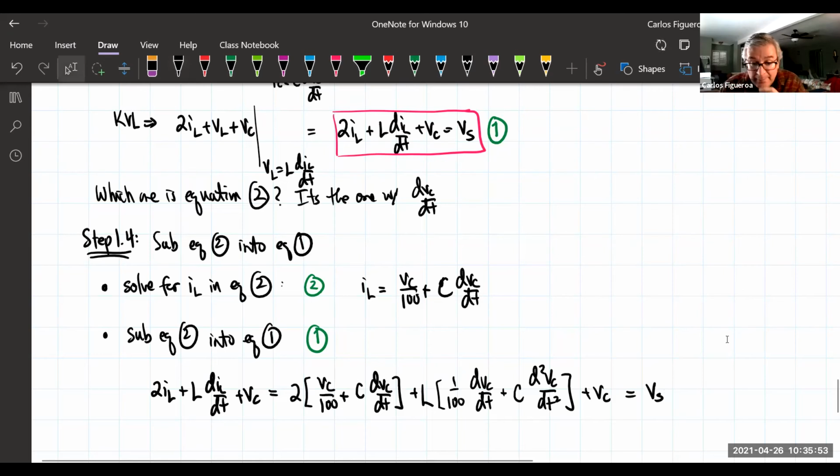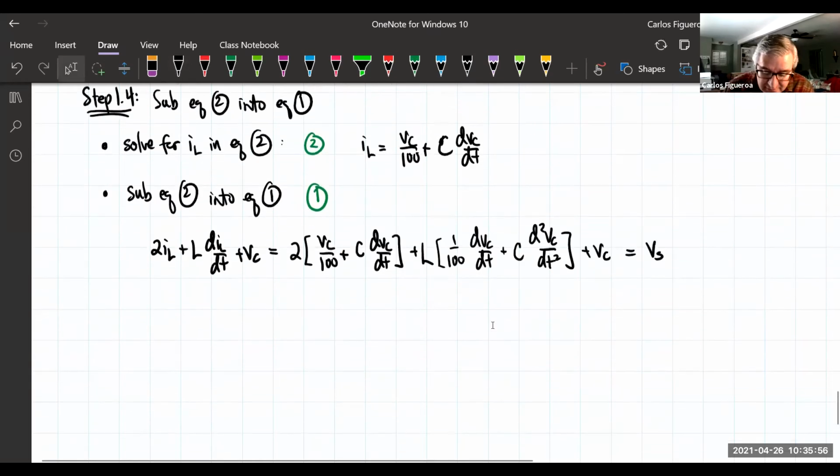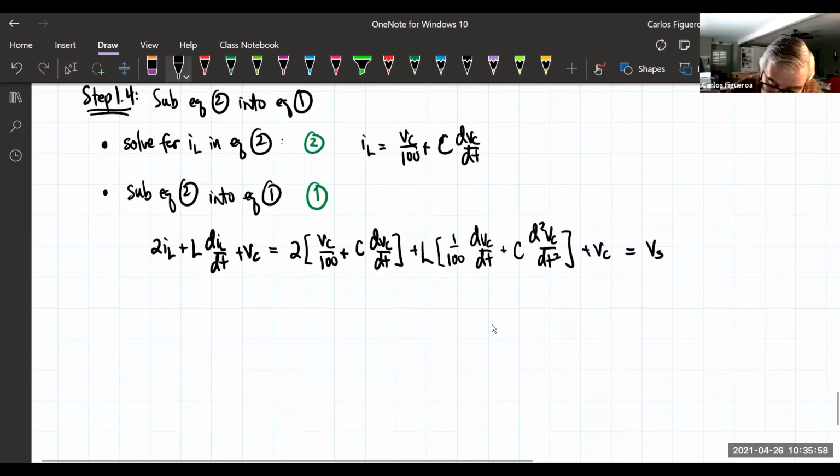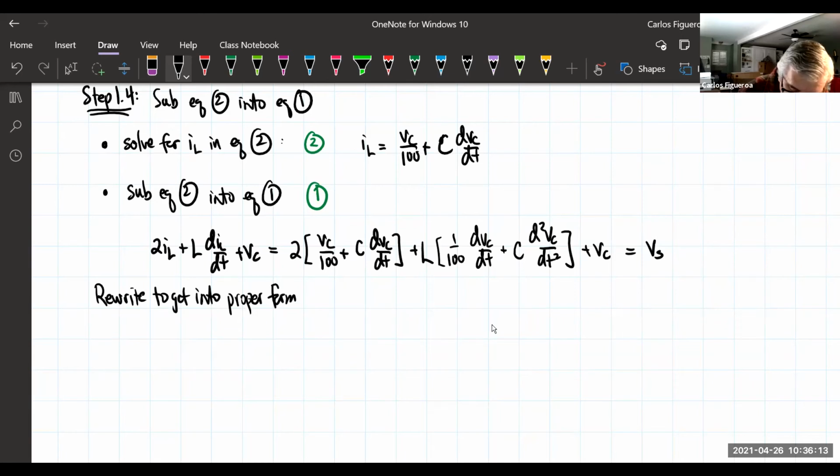So now my job here is to go in and isolate the terms. I'm going to rewrite this thing into proper form. You could see that I have my first term right here, and then I have like terms, and then I have these like terms, so I got to combine them.